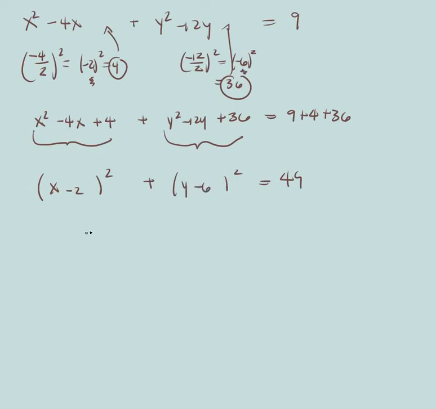So here we got it. This is the standard form equation of a circle. The center is h and k: negative 2 becomes positive 2, and negative 6 becomes positive 6. And the radius r, which is the square root of 49, is 7.